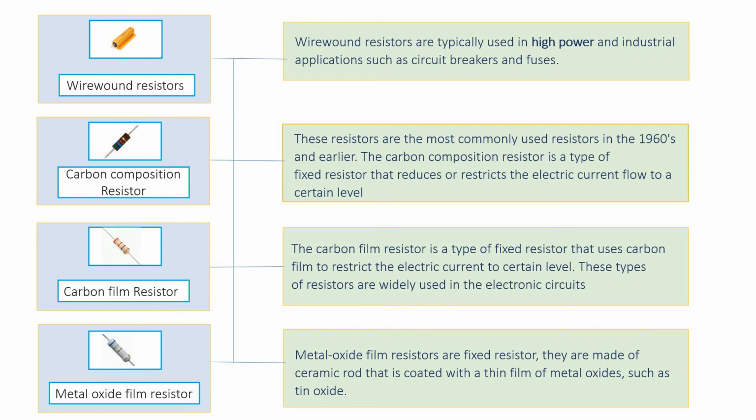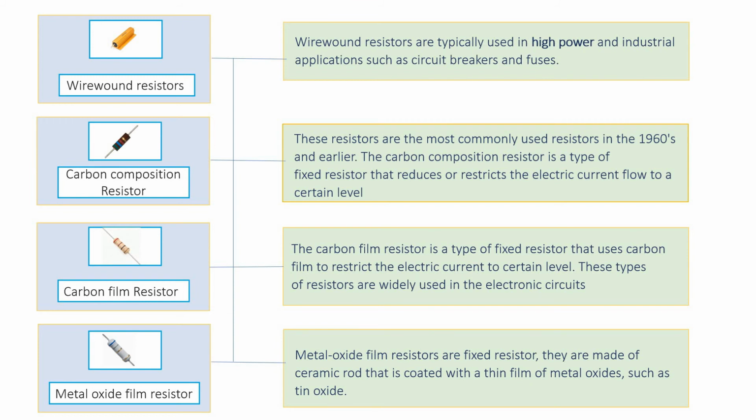The carbon composition resistor is a type of fixed resistor that reduces or restricts the electric current flow to a certain level. And the carbon film resistor is a type of fixed resistor that uses carbon film to restrict the electric current. This type of resistor is widely used in electric circuits.